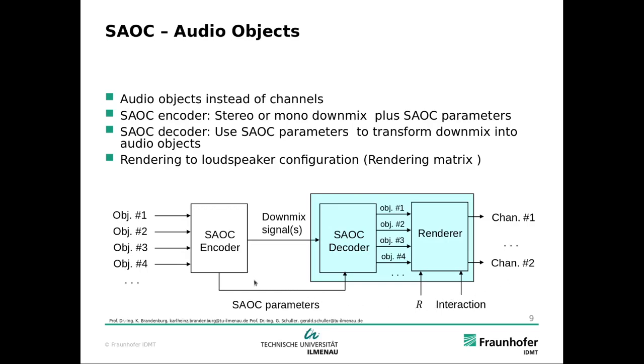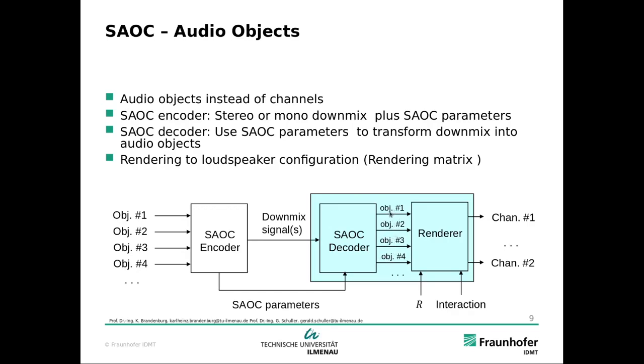The important part here is that the actual audio signal is just stereo or mono, so this can be compressed using the usual audio coders. And then we just have a few additional parameters which describe this complex scene, or rather the different objects. After this decoder we have some sort of separation, but observe that this is not a perfect separation.